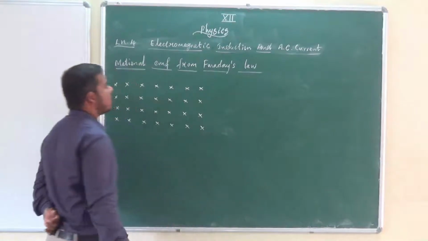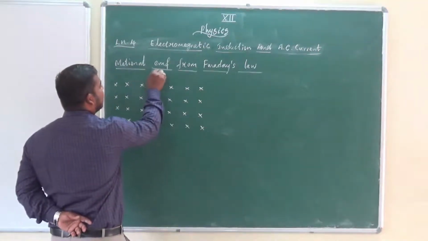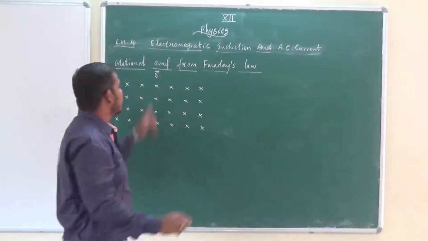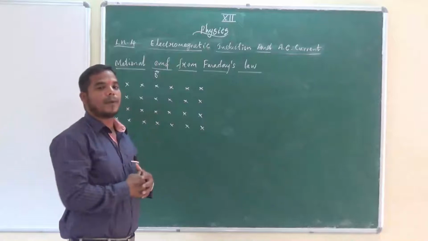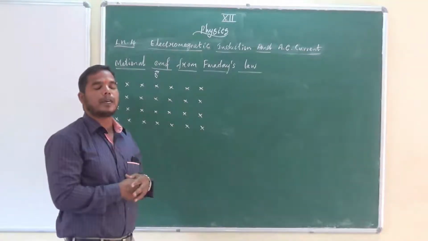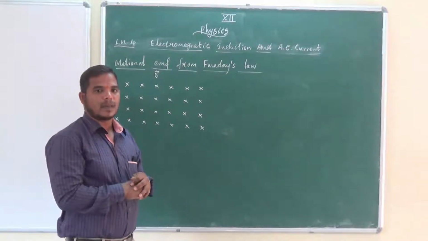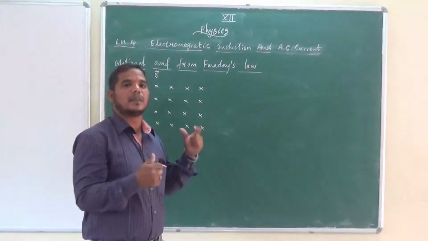This is the uniform magnetic field, represented by the B vector. Here the B vector means the uniform magnetic field. How is it acting? It acts perpendicular to the plane of the paper. Here we can't see it using the paper.